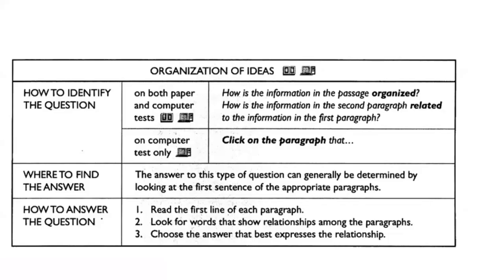The answer to this type of question can generally be determined by looking at the first sentence of the appropriate paragraph. If we take the example of this question, how is the information in the second paragraph related to the information in the first paragraph? Then I should focus my attention on the first and second paragraphs.